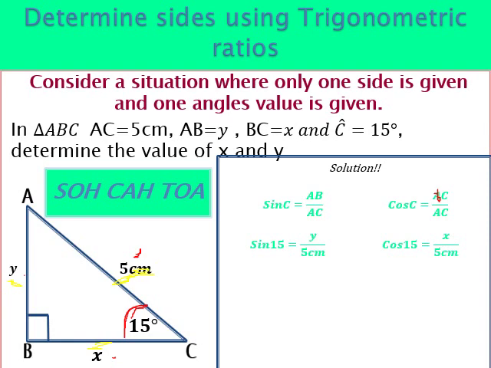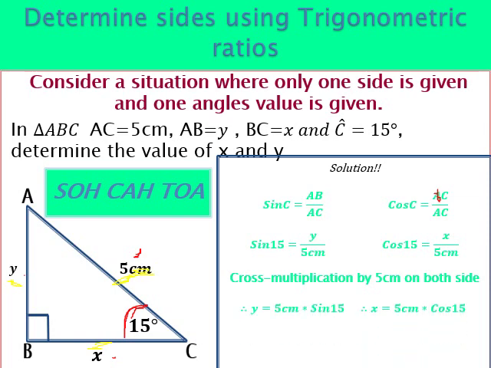In those equations we have one variable. In sine 15 we have y, and in cos 15 we have x. Now it is just a matter of cross multiplying with that 5 centimeters on both sides. Then your answer becomes y equals 5 centimeters multiplied by sine 15, and x equals 5 centimeters multiplied by cos 15.